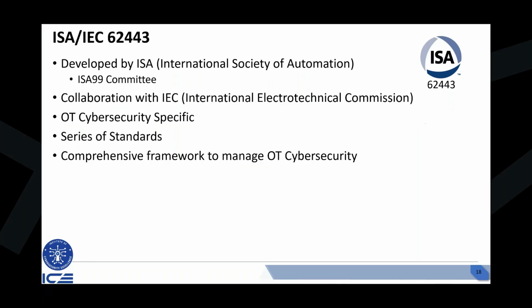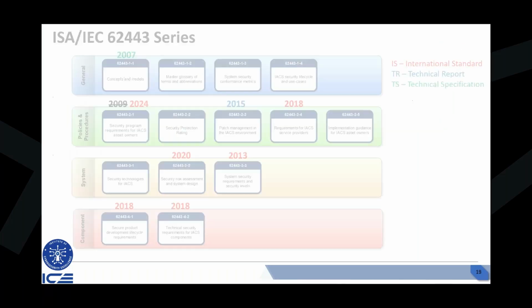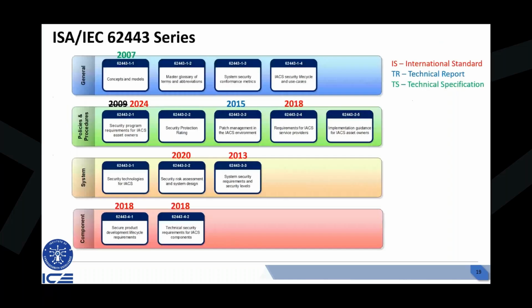So what is this series of standards? What I have put on the screen is the complete structure of the 62443 series. I will spend a few minutes on this so that everybody is aligned about what the different parts of this series are. The way it has been categorized, there are four main sections or groups.